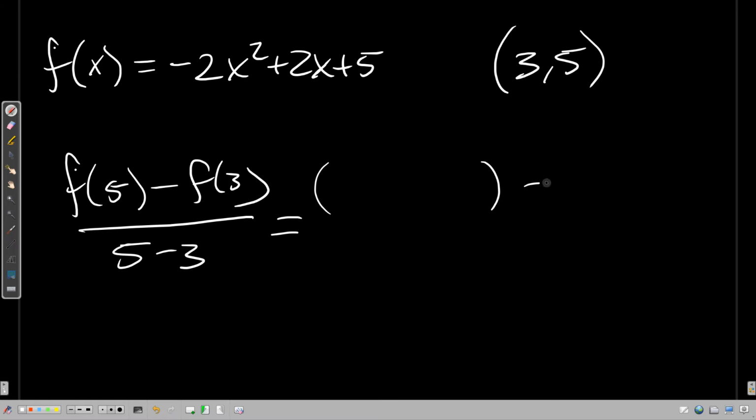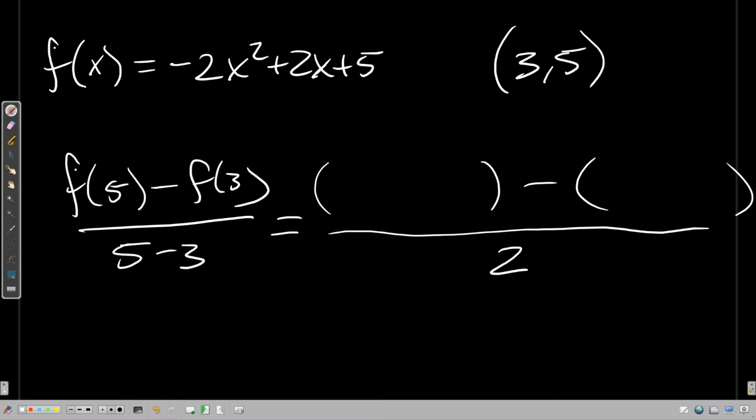Well, f of 5 will go in those first set of parentheses, and f of 3 will go in the next set. F of 5 is looking like minus 50 plus 10 plus 5. And f of 3 is looking like minus 18 plus 6 plus 5.